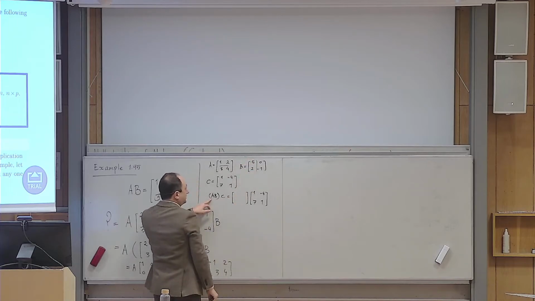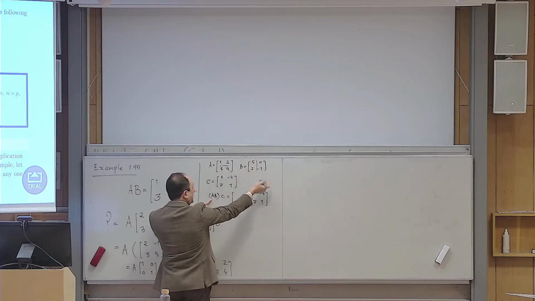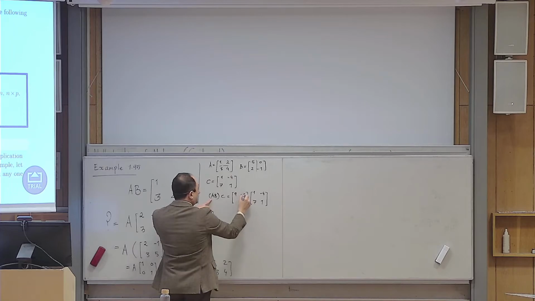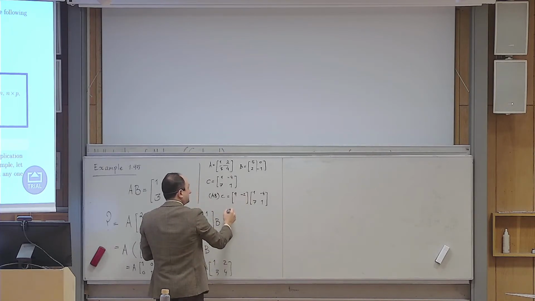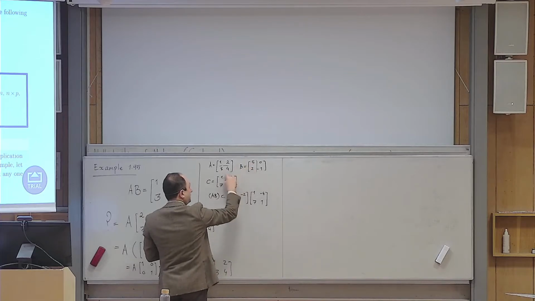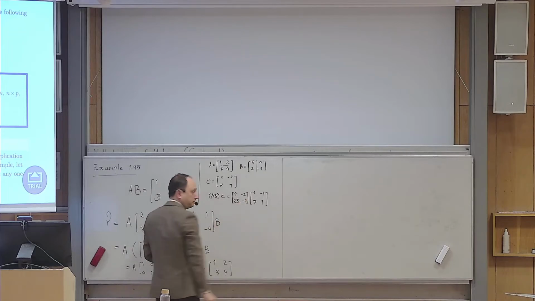What's the answer? 9. Yes. 5, 4, add 9. What's the next one? Minus 2. What's the next one? 23, yes. 3 times 5, 15. 4 times 2, 8. Add 23. The other one is minus 4.